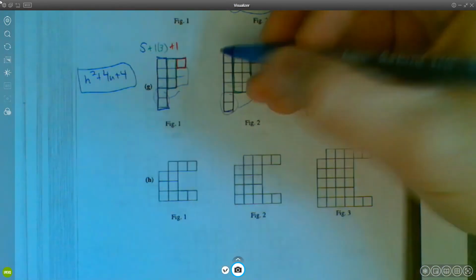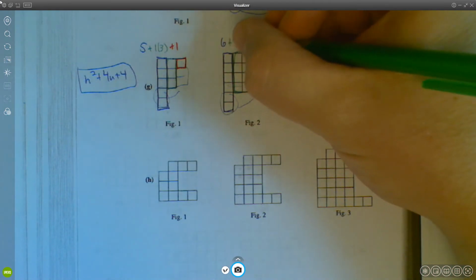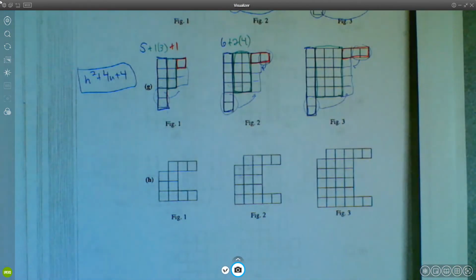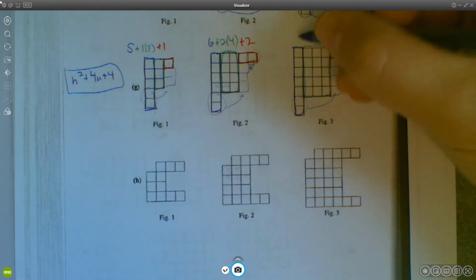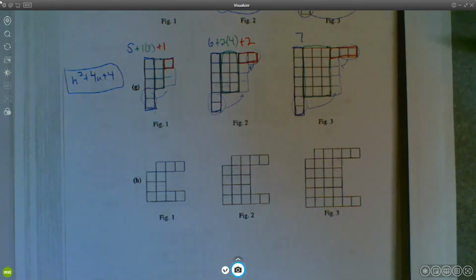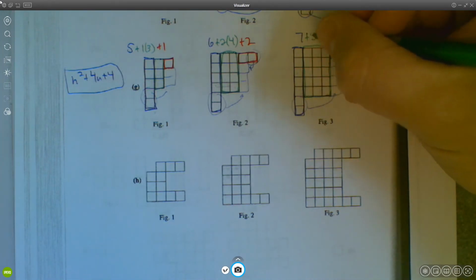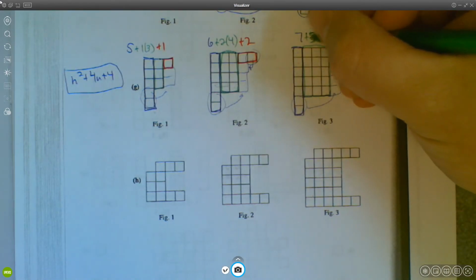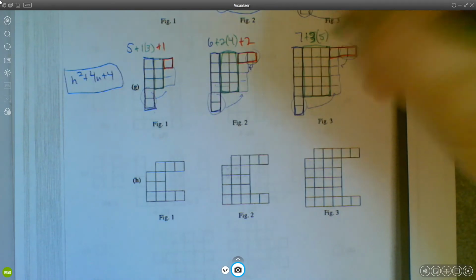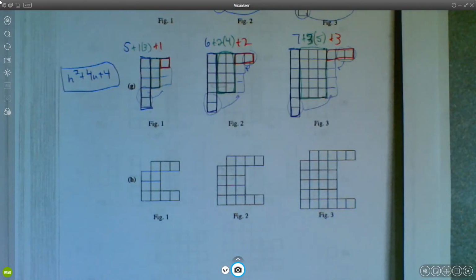And then the next one would have been 6 plus 2 times 4 plus 2. And then the next one would have been 1, 2, 3, 4, 5, 6, 7 plus 3 by 5, to keep the pattern, and then plus 3. So that's another way you could see that.